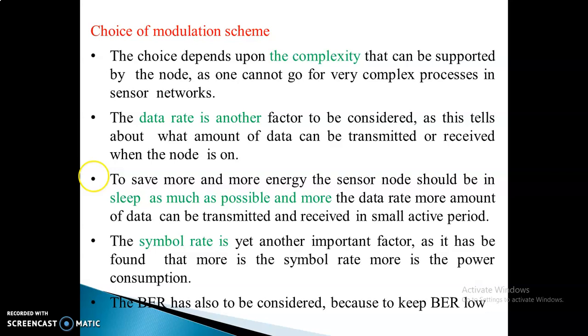Generally in band pass modulation they use techniques called amplitude shift keying, ASK, phase shift keying, PSK, and frequency shift keying, FSK. So these are the common forms of modulation technique.